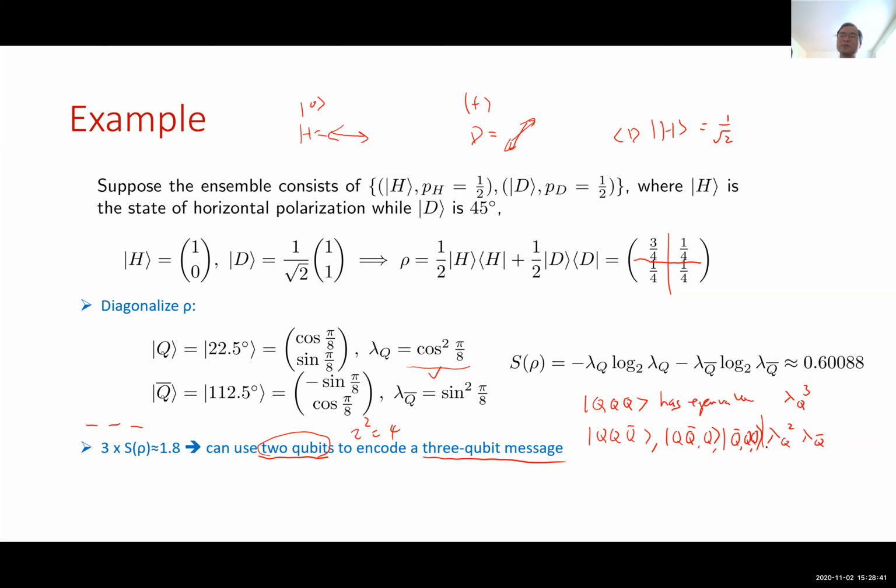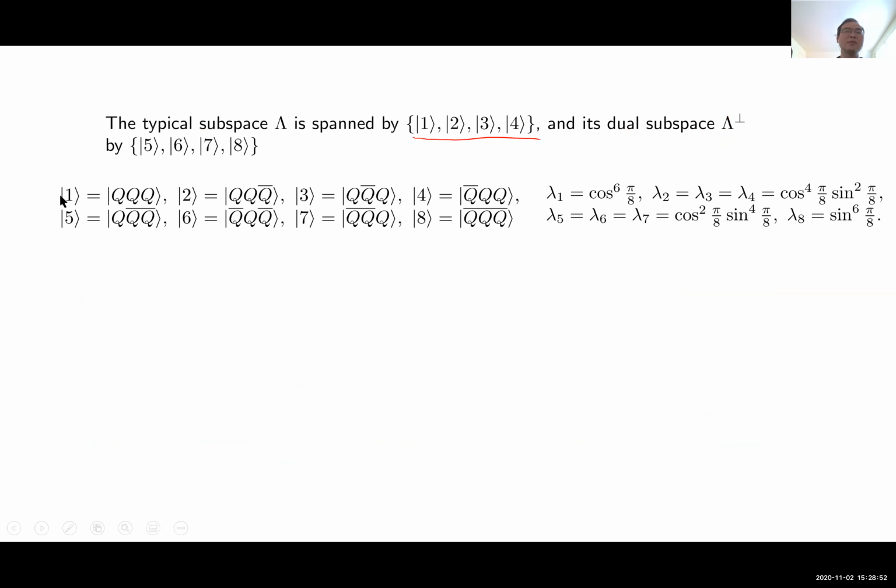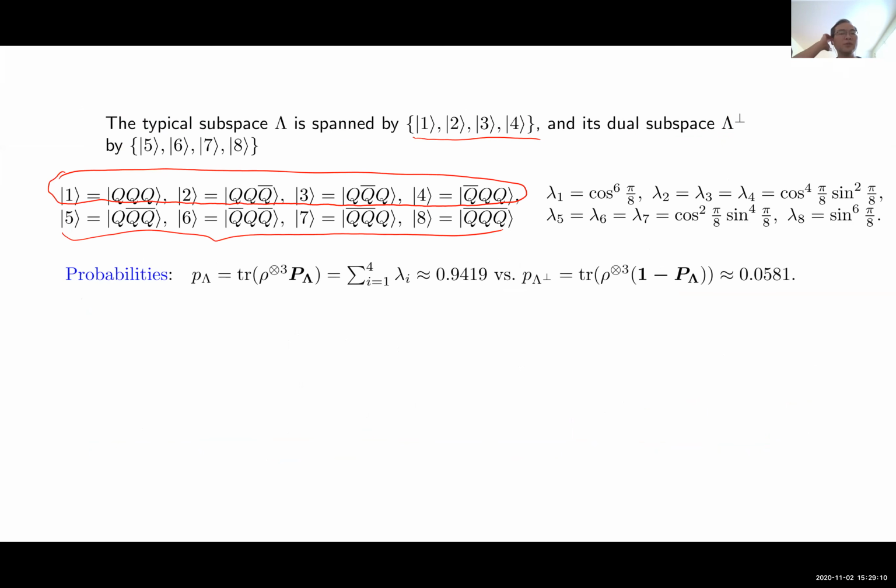These 4 constitute the basis states of the typical subspace, and the remaining 4 are the rest. So as I label 1, 2, 3, 4, these are what I wrote in the previous slide. The remaining 4 states have smaller probabilities or smaller eigenvalues.